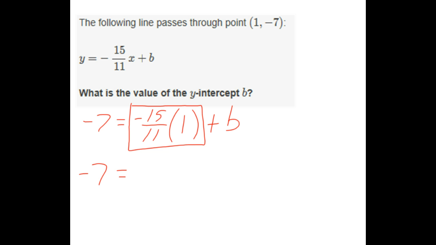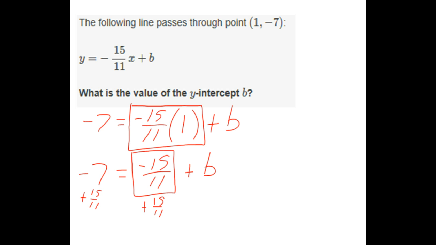Negative 7 is equal to negative 15/11 plus b. How do I get rid of a minus 15/11? I'm going to add 15/11 to both sides.